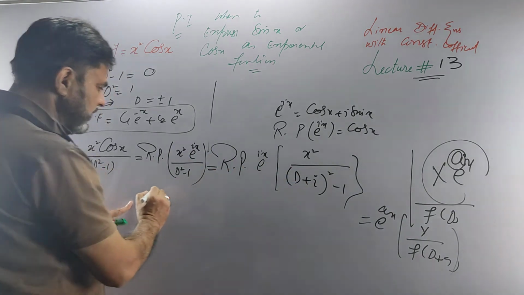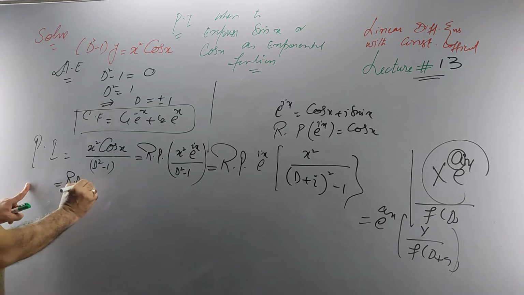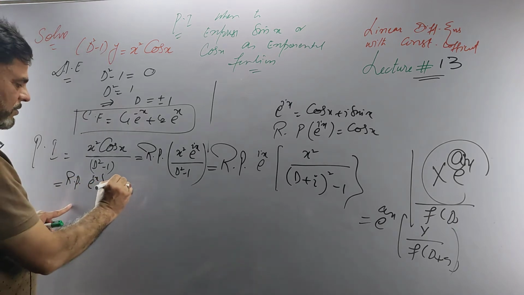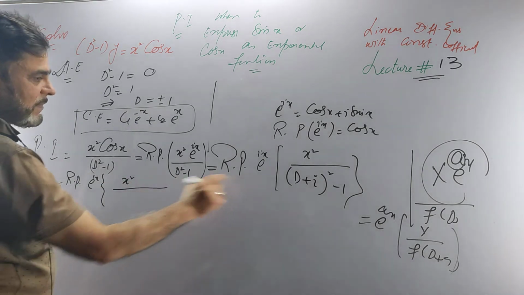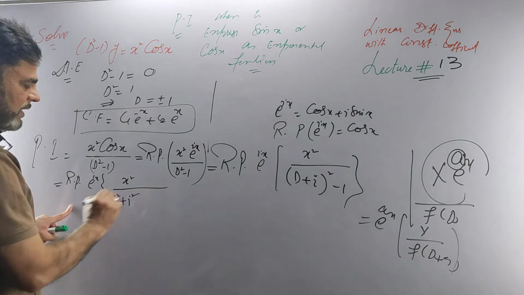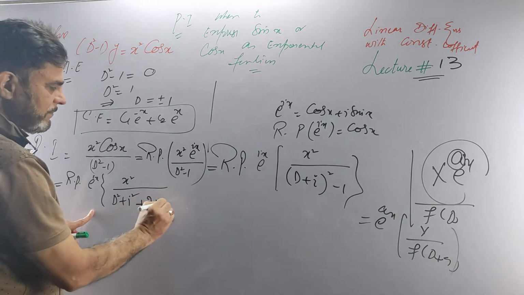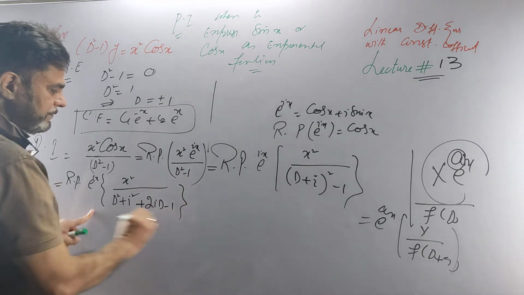Now we open it. What is this? It will be your real part of e raised power iota x. This is x square by D square plus iota square plus twice iota D minus 1.